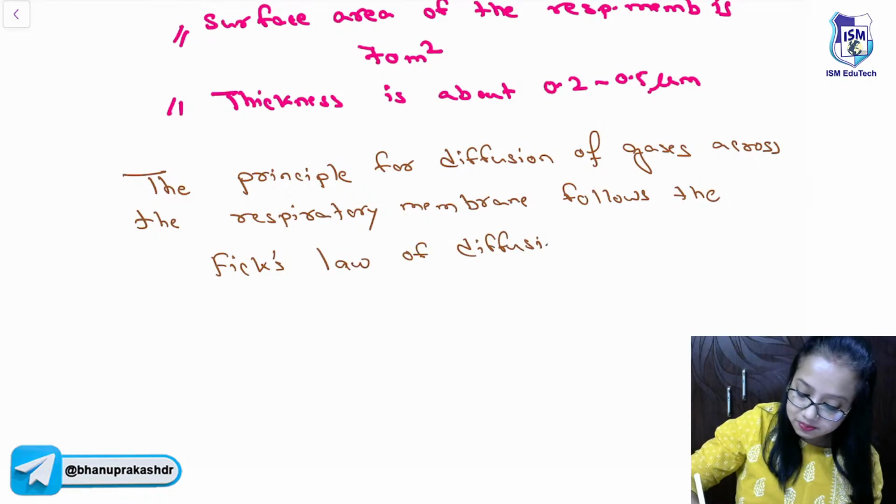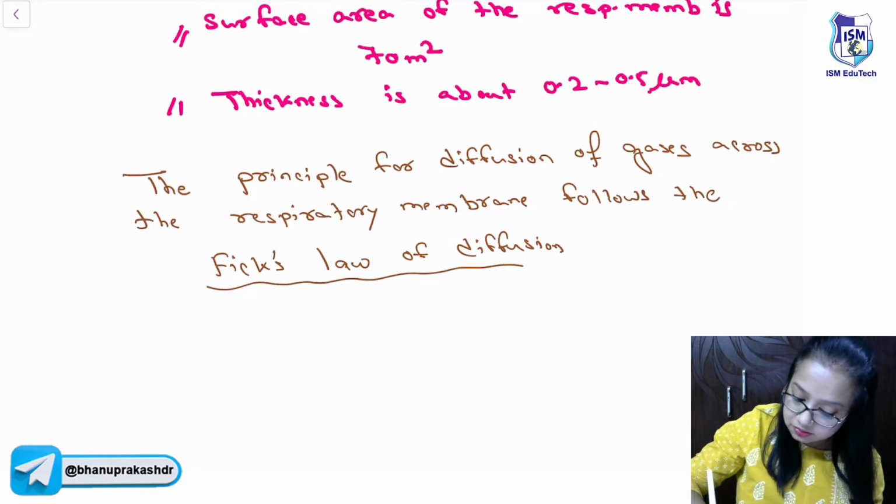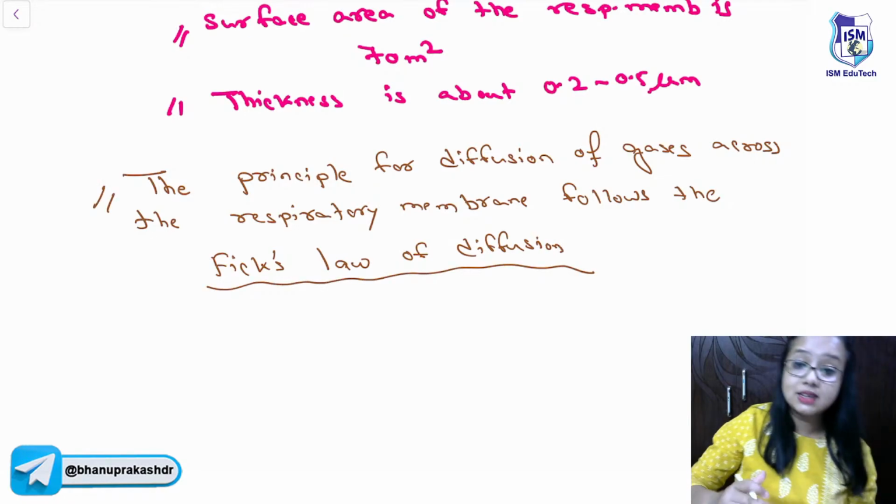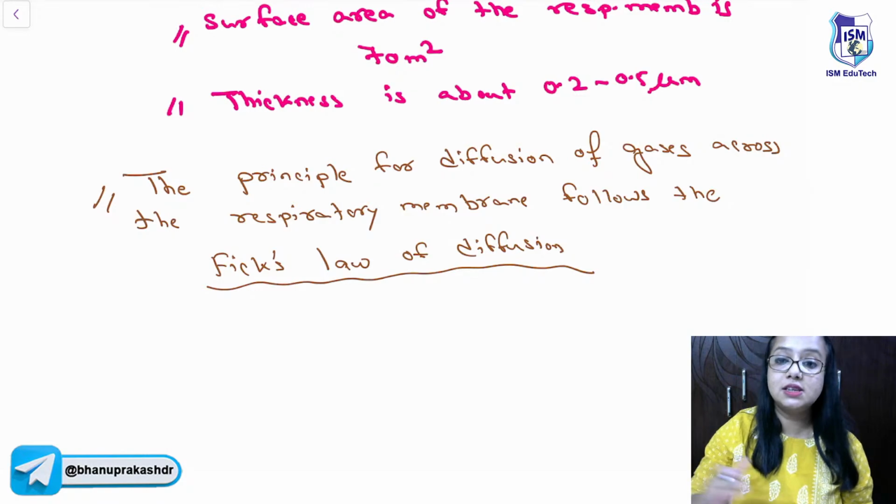So, it is Fick's law of diffusion that carries out the exchange of gases.